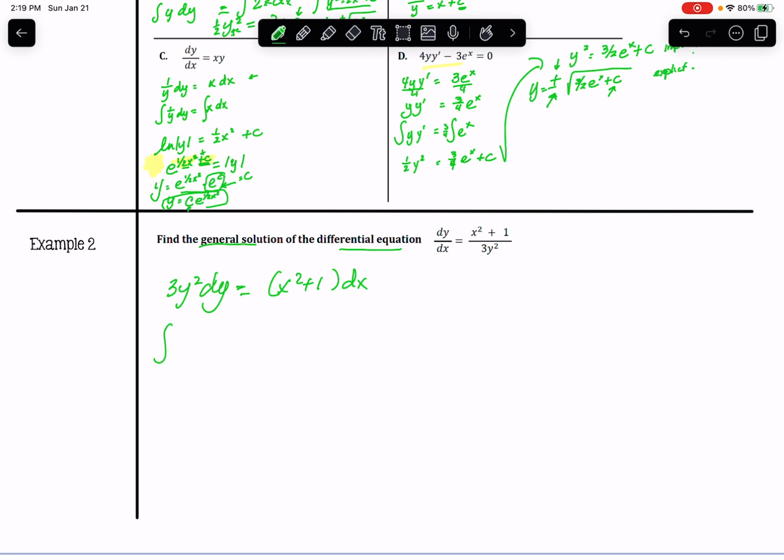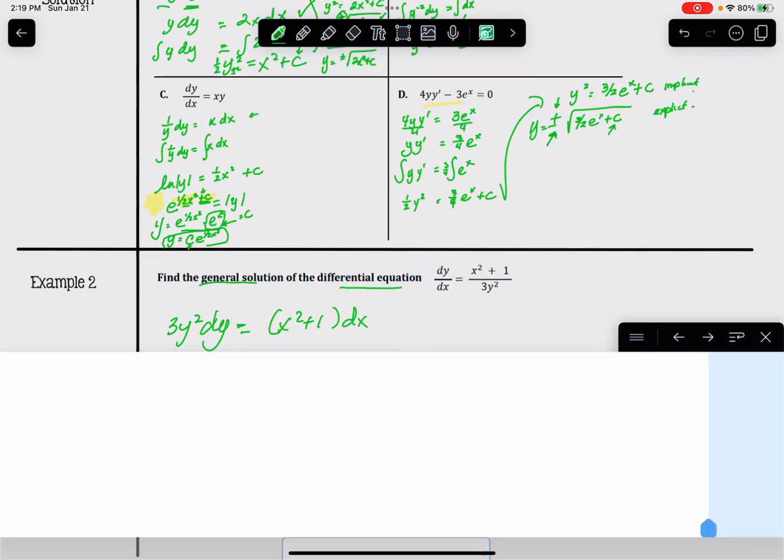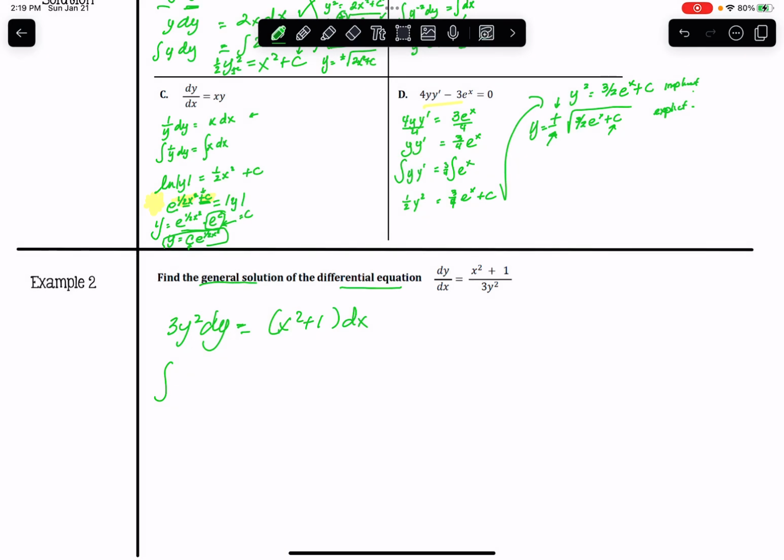Then I integrate both sides. I can either keep the 3 there. I'll probably keep the 3 on this side just so it doesn't get mashed up in that. It doesn't really matter, but that would be 3y squared dy equals the integral of x squared plus 1 dx.